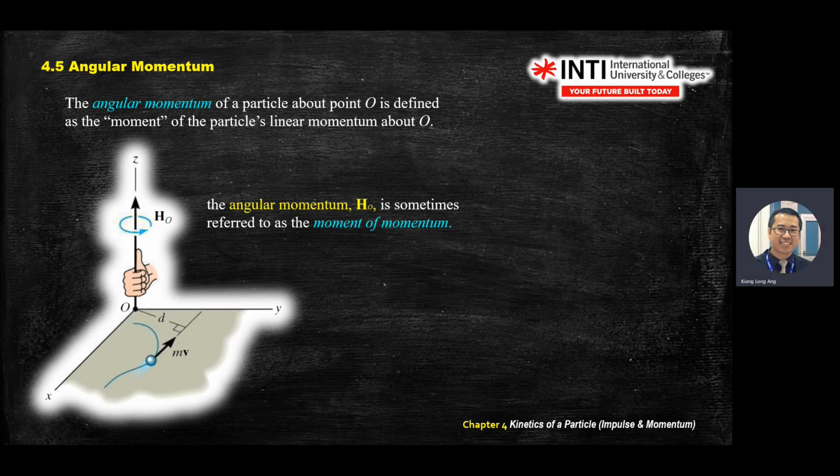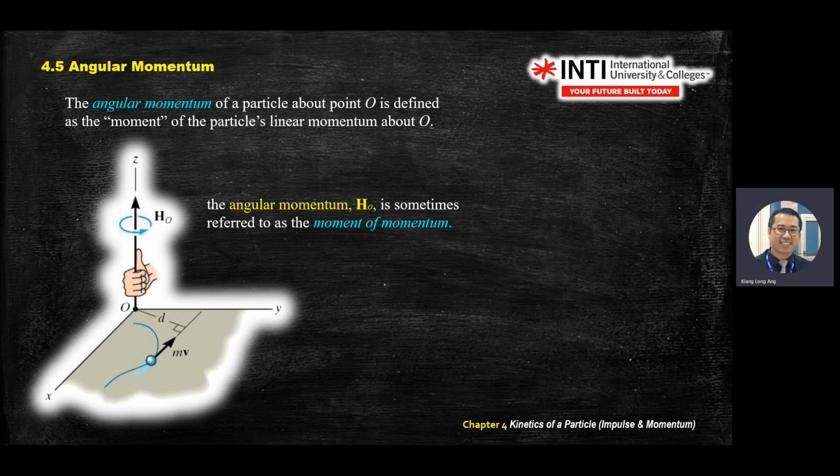If, for example, you study moment, you take force multiplied by d, right? So this one is angular momentum. You take mv cross the d, or d cross mv. But in this case, we use the right hand rule.